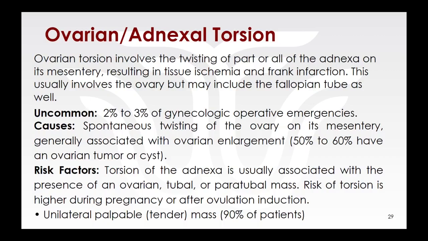So the risk of torsion is higher during pregnancy or after ovulation induction. So we think about that corpus luteum cyst can get pretty big during the first trimester of pregnancy. So that's why when you have a large one on your first dating ultrasound, you're going to keep an eye on it. And it's more common for several reasons.